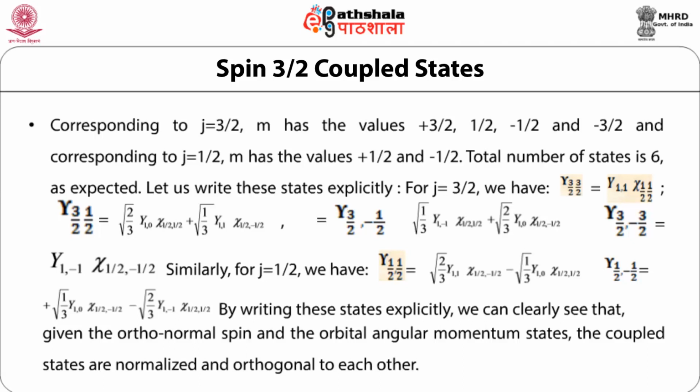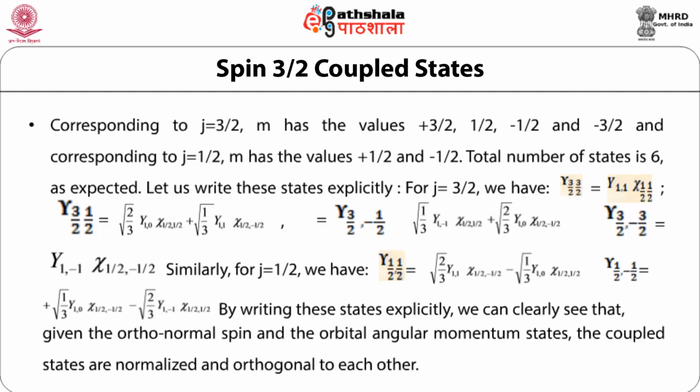And for the coupled state gamma corresponding to J equal to 3 by 2 and M equal to minus half, we have square root of 1 by 3 times Y_{1,-1} times xi_{1/2, 1/2} plus square root of 2 by 3 times Y_{1,0} times xi_{1/2, -1/2}.